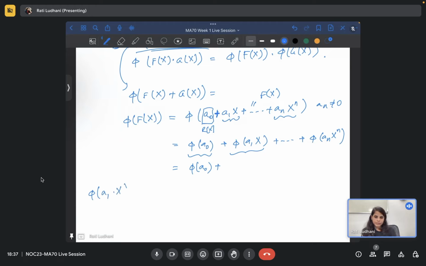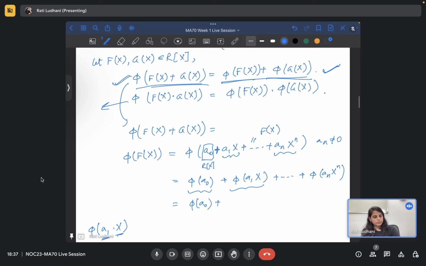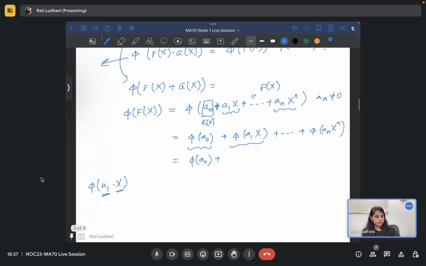Again there is some property coming into the picture. This multiplication and the multiplication of R[x] are the same. So a1 is an element of R[x], x is an element of R[x]. These are two polynomials in R[x]. Now from the second property, phi should split here.